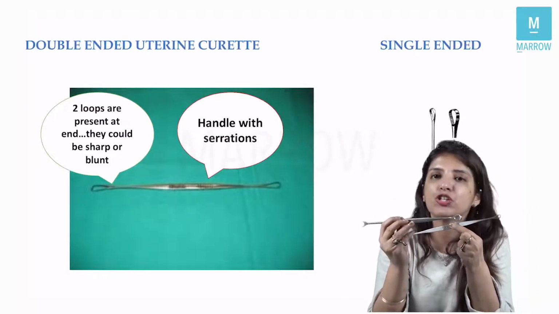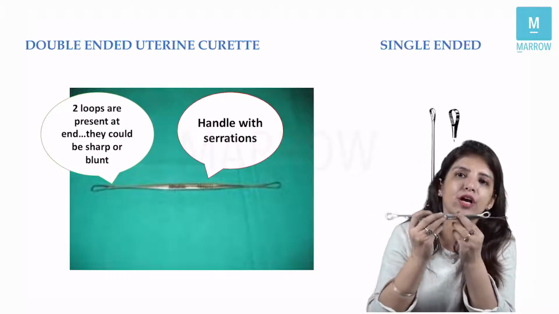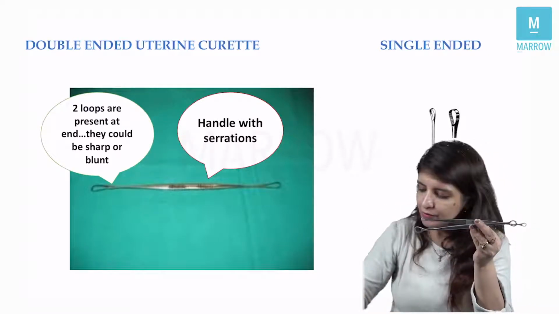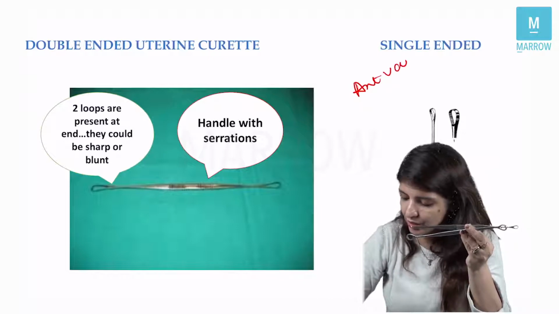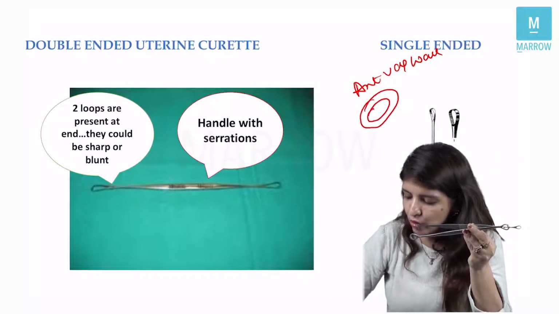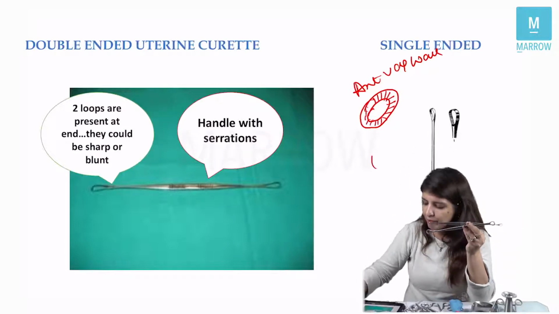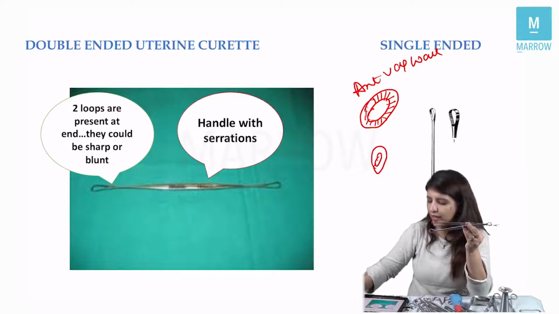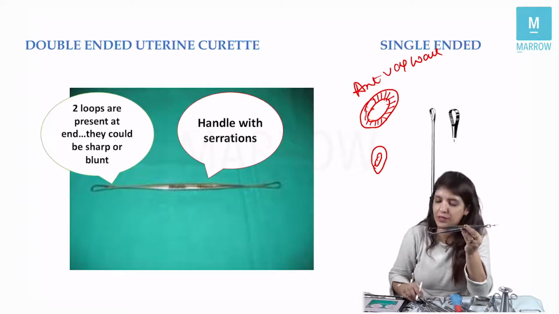The second and major point is that in the anterior vaginal wall retractor, although there are loops at the end, these loops have serrations. But in a curette, there are no serrations present.